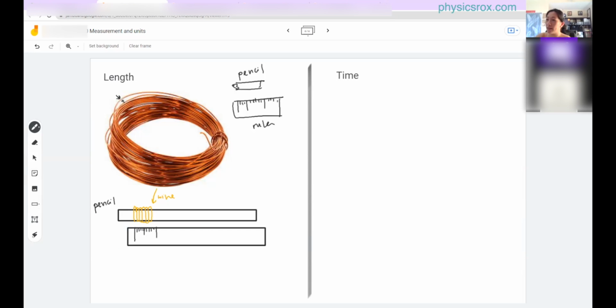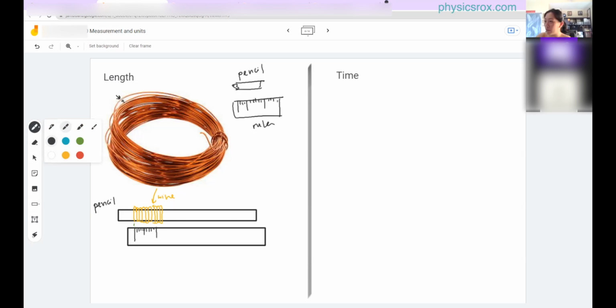Let's say we place it here, starting at the 0. Then you count: 1, 2, 3, 4, 5, 6, 7, 8, 9, 10. Let's say we make 10 loops like that.